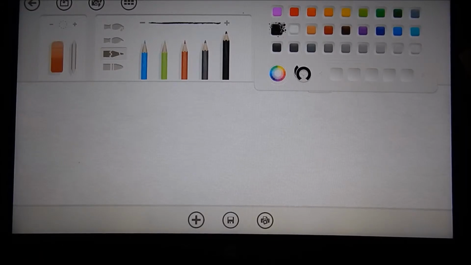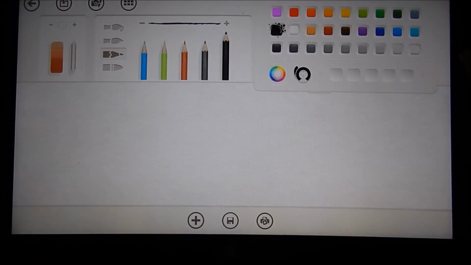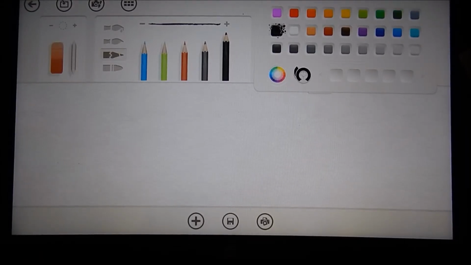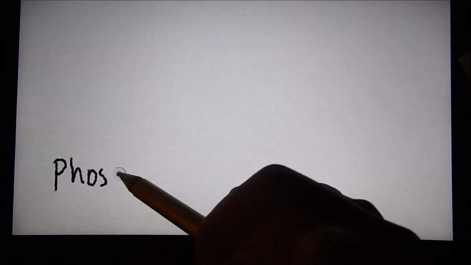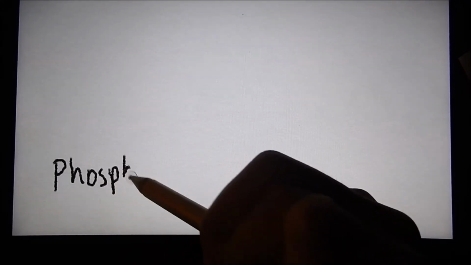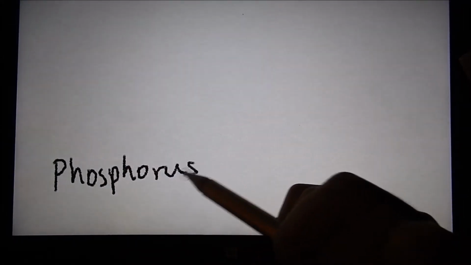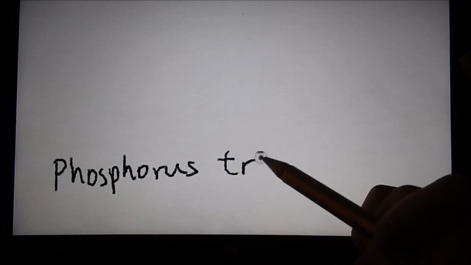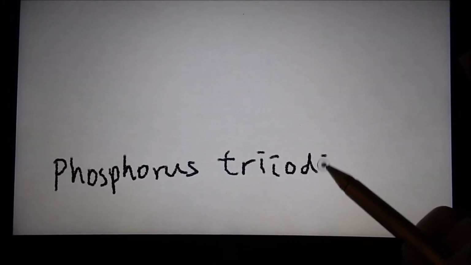Next, we're going to turn 3 molecular compound names into molecular formulas. First, we have phosphorus triiodide.